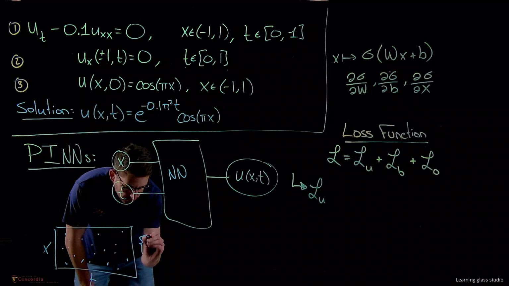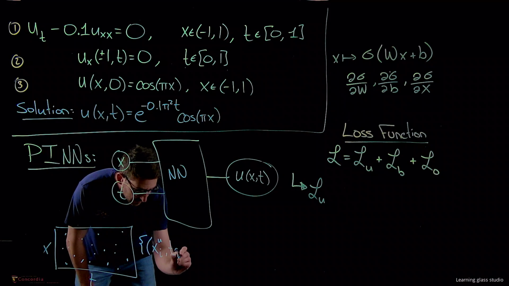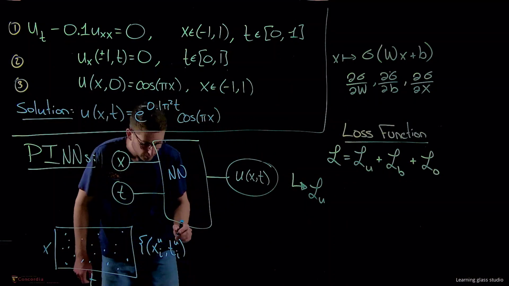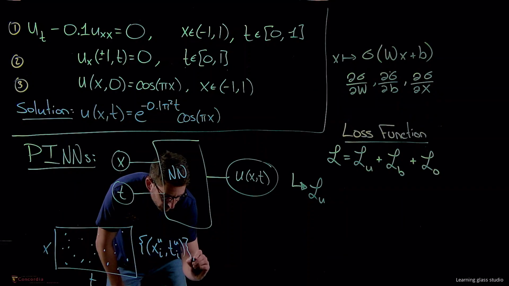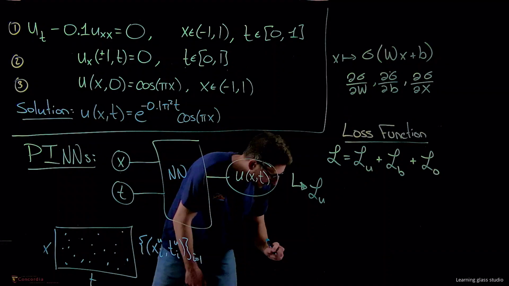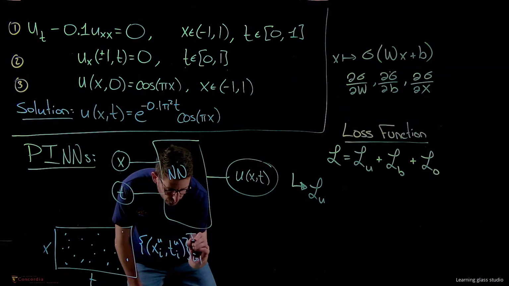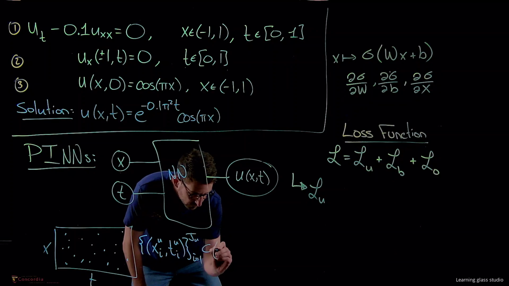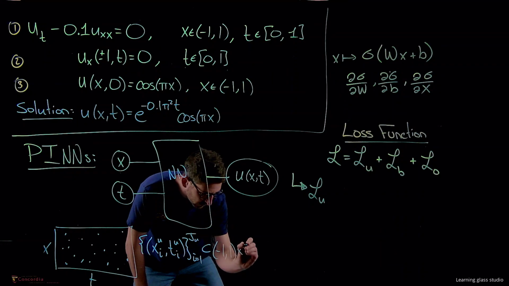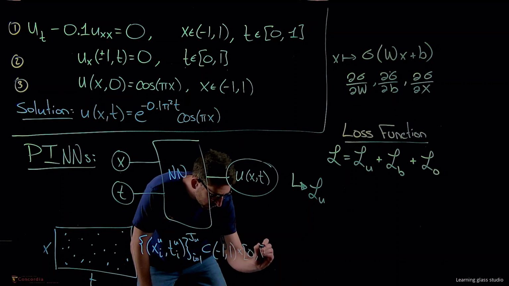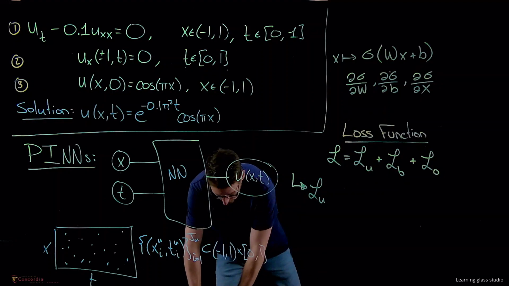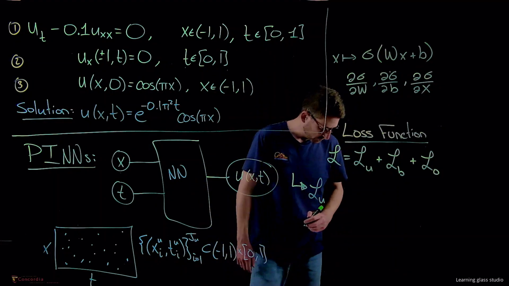So I'm going to think of a set of x_i^u, t_i^u, where the u matches this u up here in a second, which runs from 1 to some capital J_u. You get to pick these points in space and time. I'm using open and closed intervals loosely here; it doesn't really matter because they're randomly selected points.